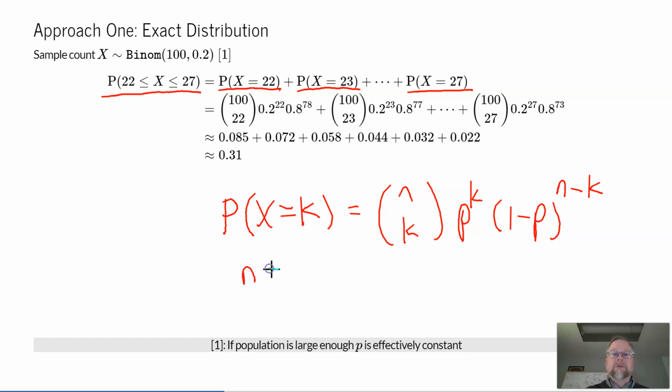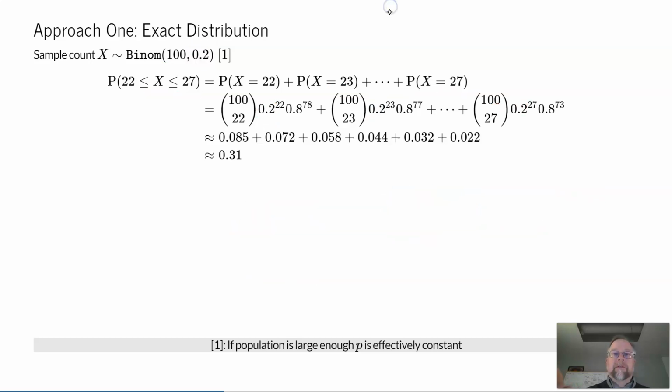N is 100, and we know that because it's right there. So there's our 100 there. P, 0.2. And we're seeing these 0.2s here as well. So we have our n is equal to 100s. We have our 0.2s. Now it's the k bit, right?